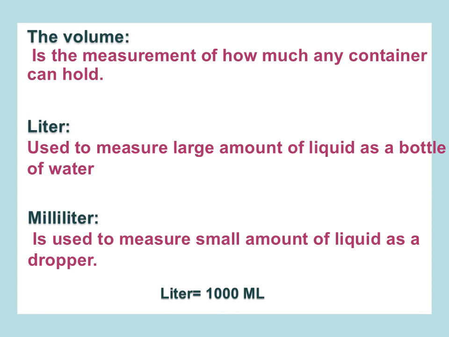A milliliter is used to measure a small amount of liquid, as a dropper. Do you know the dropper of any medicine? How many milliliters in the liter? It's 1,000. So the liter equals 1,000 milliliters.